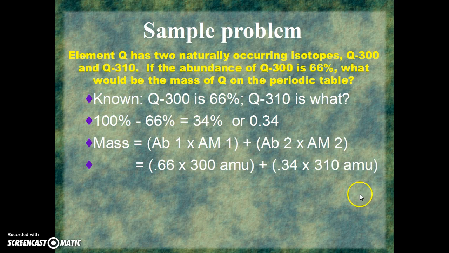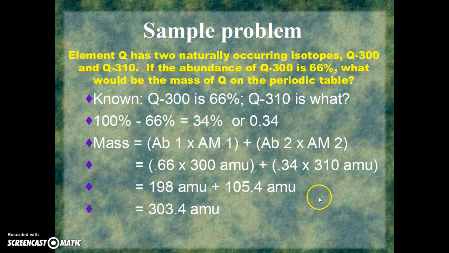We plug in the numbers, 0.66 times 300 and 0.34 times 310, and we get 198 AMUs from this, 105.4 AMUs from that. The average, weighted average, is 303.4 AMU.